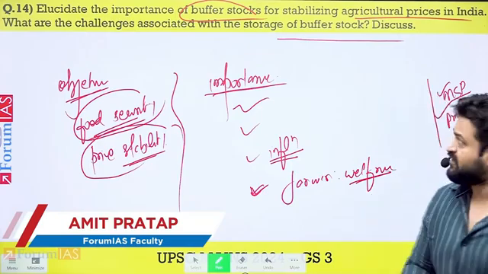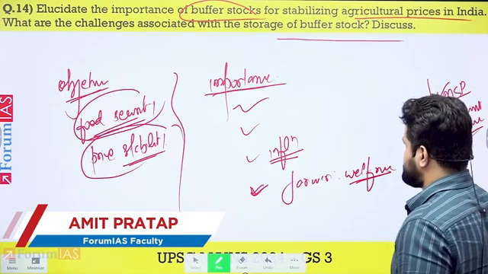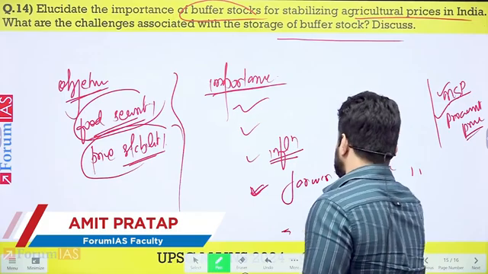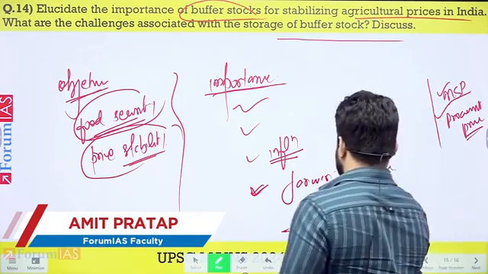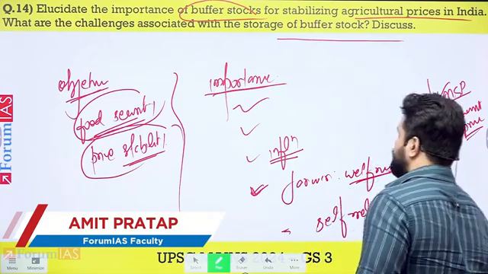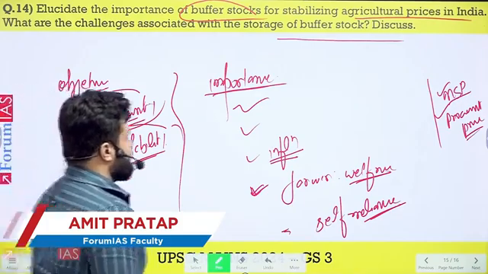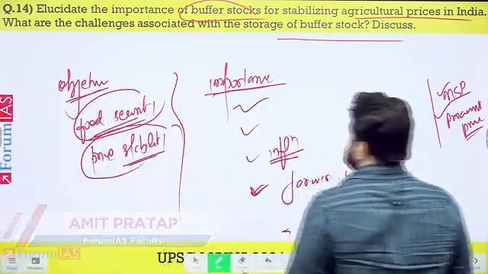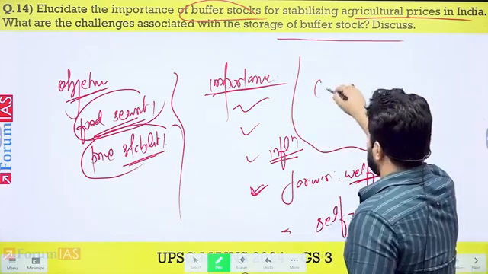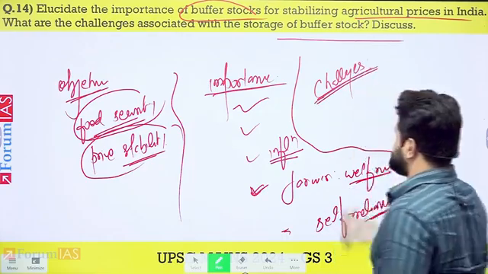Okay, the farmers' welfare is also one of the objectives, we can say, that also shows its importance. Okay, self-reliance is a very important factor. But then there are challenges also, and challenges also with respect to the maintenance of buffer stocks.